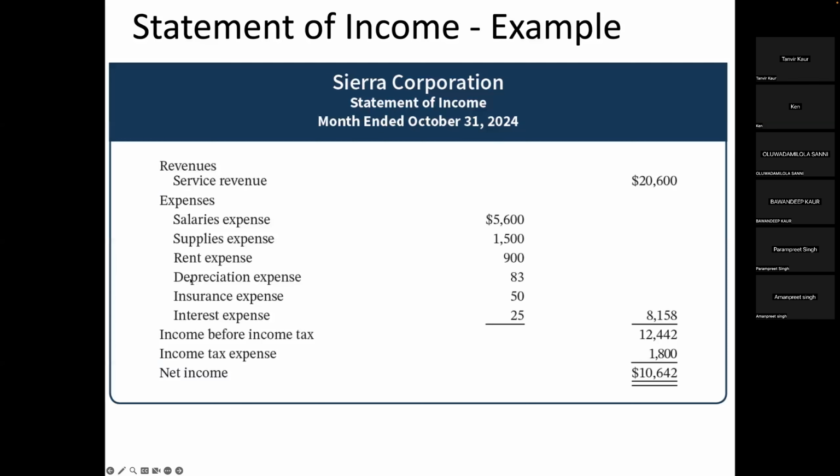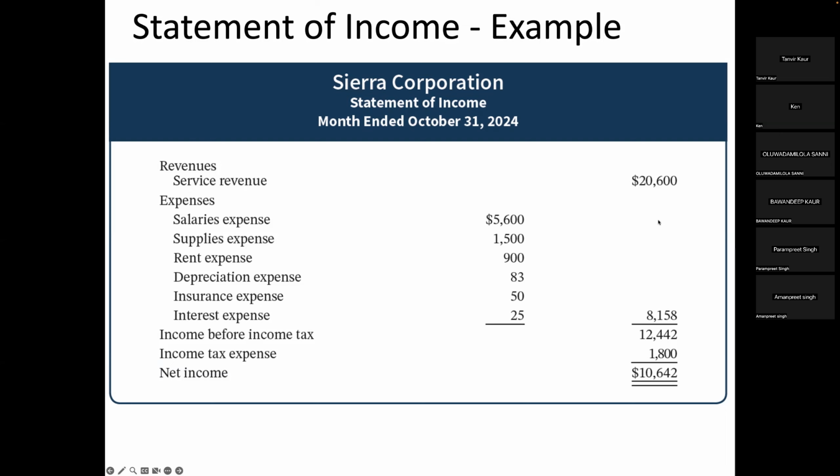So we're going to talk more in the future about what this depreciation expense means. This just recognizes the wear out of the long-term assets, such as building, machines, equipment. Insurance expenses, 50, interest expenses, 25. So in total, the expenses add up to 8,158.